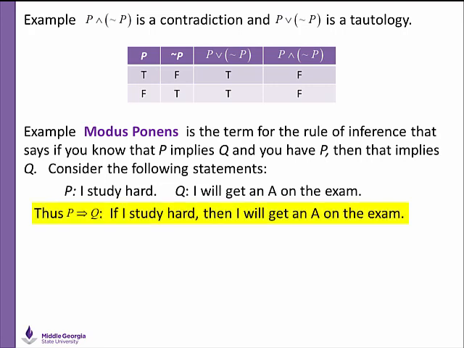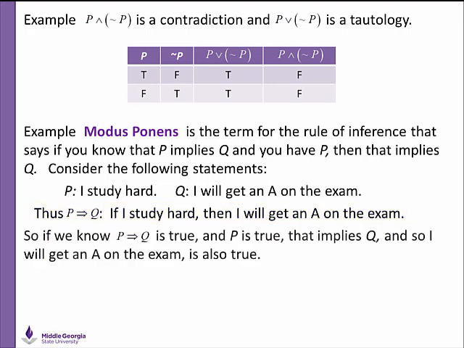Thus, P implies Q for this example would be, if I study hard, then I will get an A on the exam, because P implies Q means if P, then Q. So, if we know that P implies Q is true, and P is true, that implies Q. So, it will be true that I will get an A on the exam.